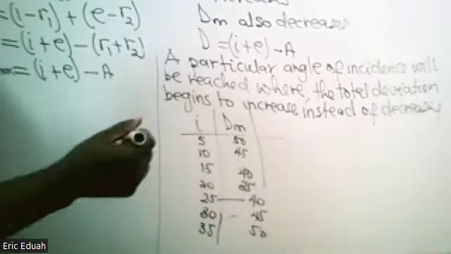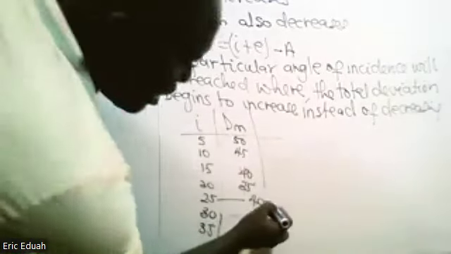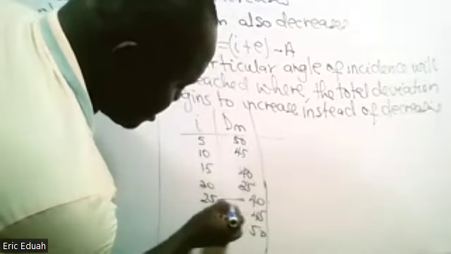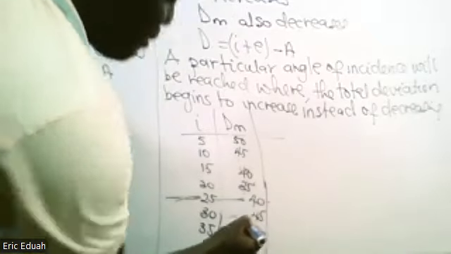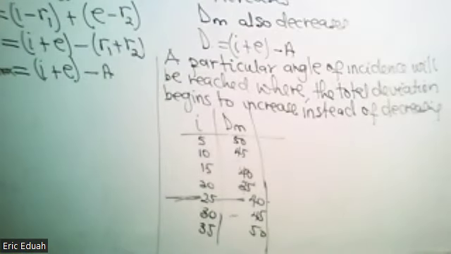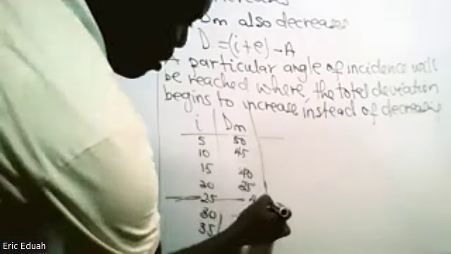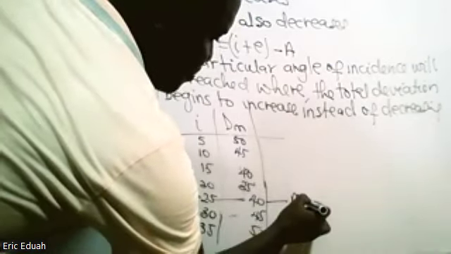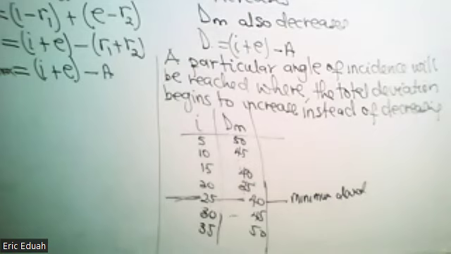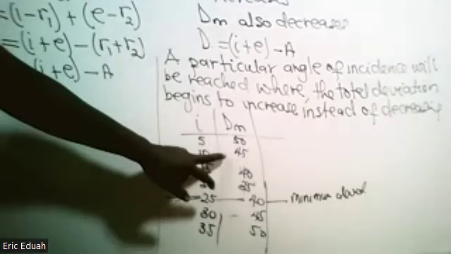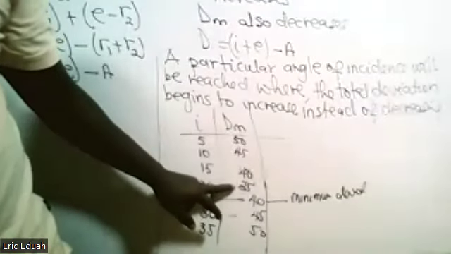And this angle of incidence gives us what we call the minimum deviation. Okay, this is the minimum deviation.